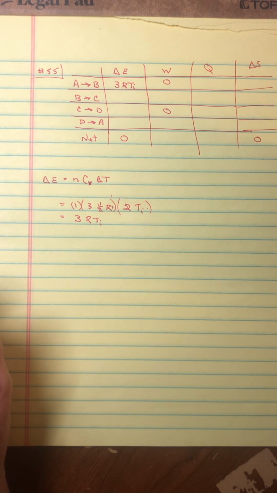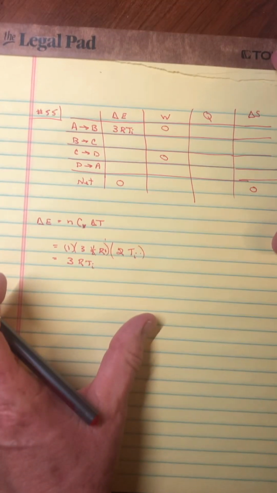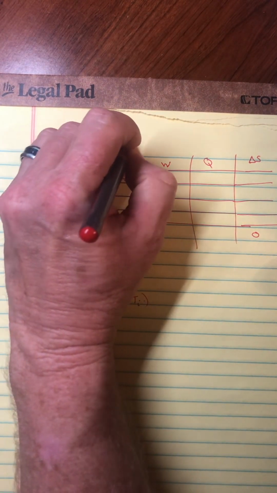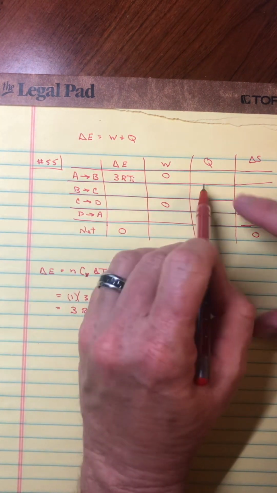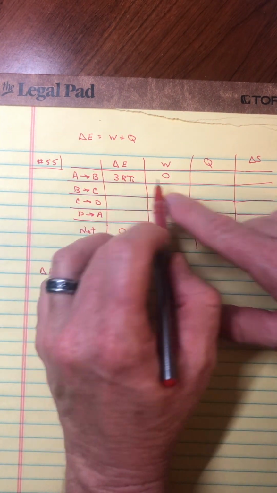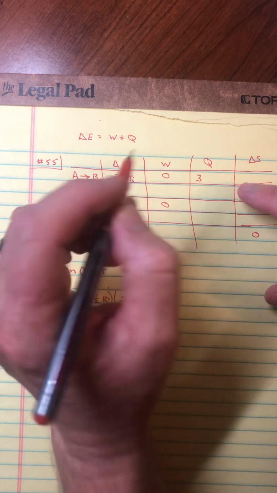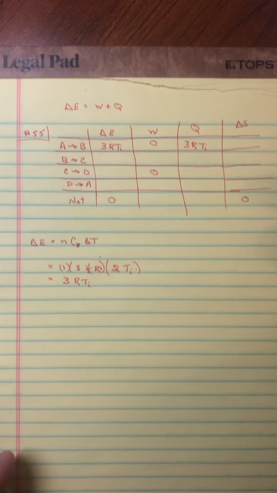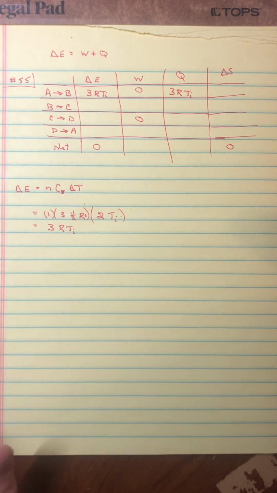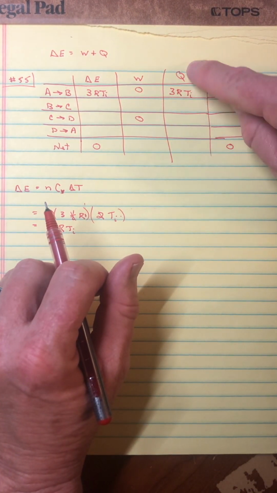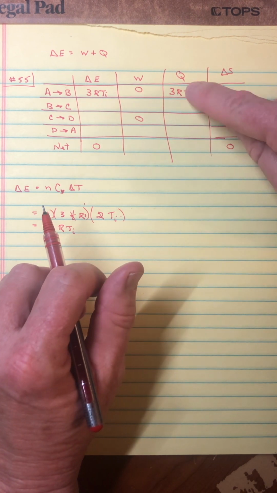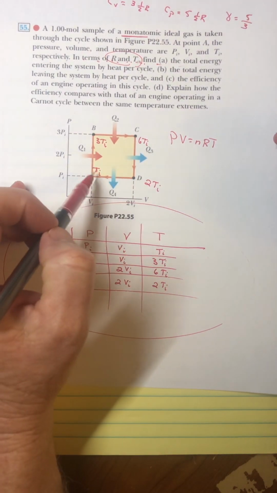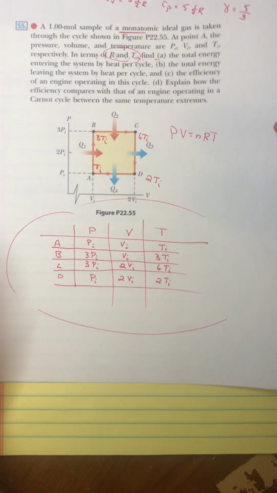Now, also keep in mind that, and I'll put it up here above it, that according to the first law of thermodynamics, conservation of energy, these 2 columns must add up to that one. So if this is 0, then this must be 3RT initial. And actually, these would be pretty easy to do for this case, because these we do know for the easy case of isovolumetric and isobaric.